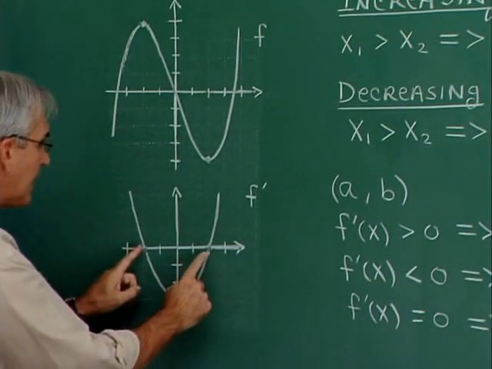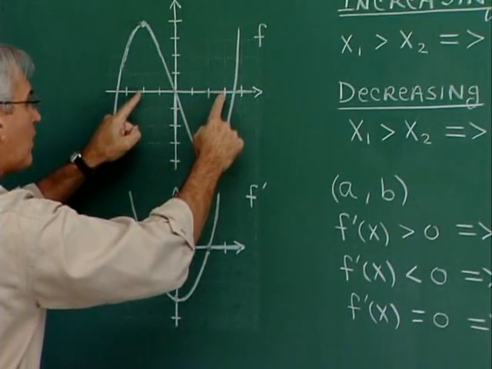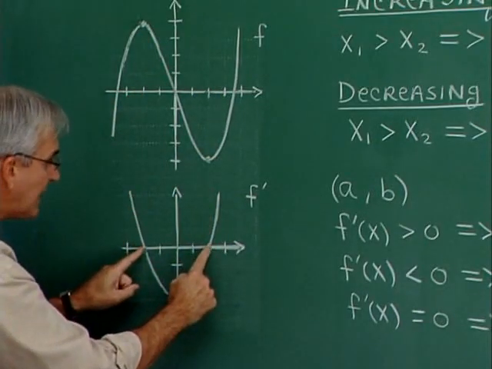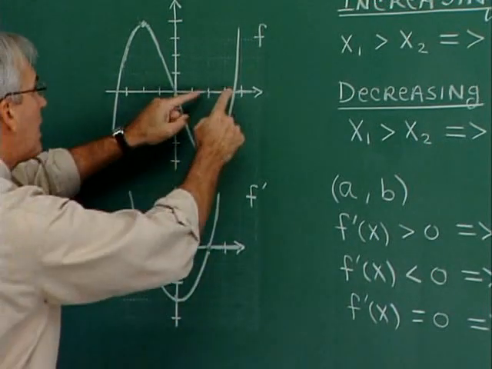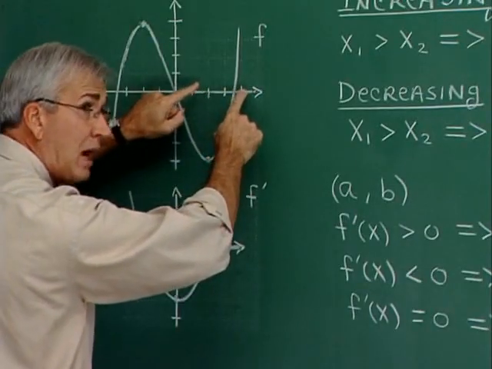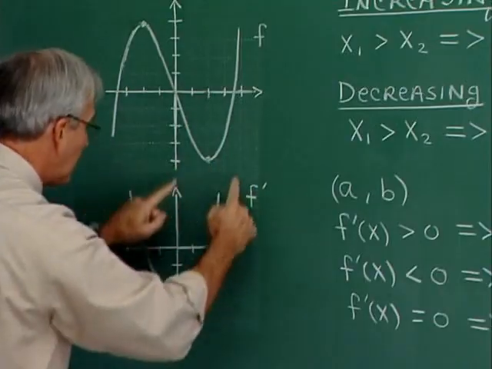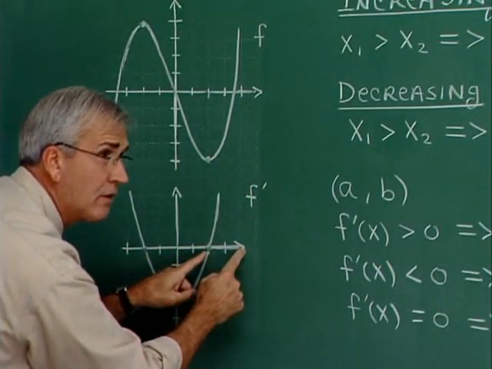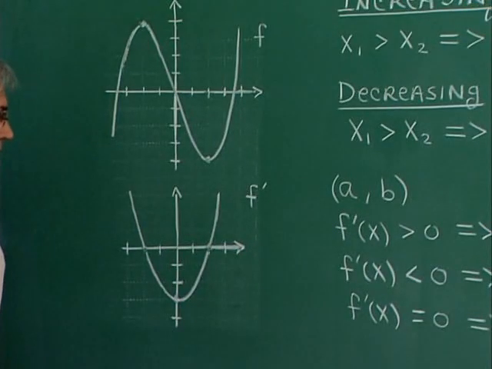And then in the interval in which the graph of the function is decreasing, the derivative function is negative throughout that interval. And then in the interval where the function is increasing once again, the derivative is positive, the slope of the tangent line is positive in this region, and it is no wonder then that the derivative function is positive in that interval as well.